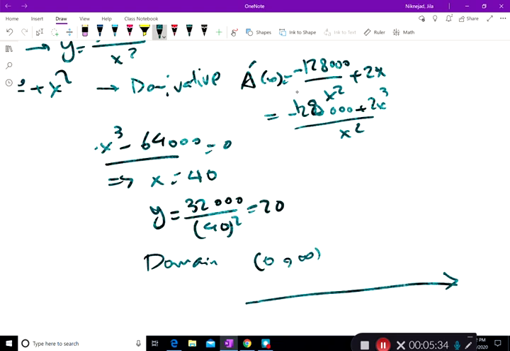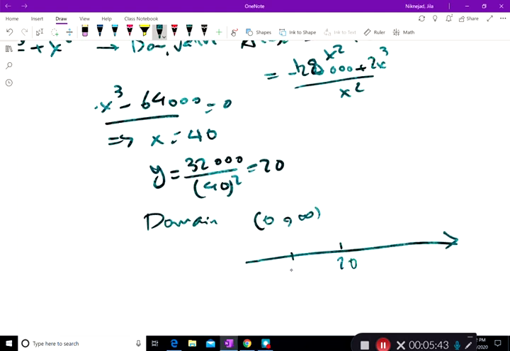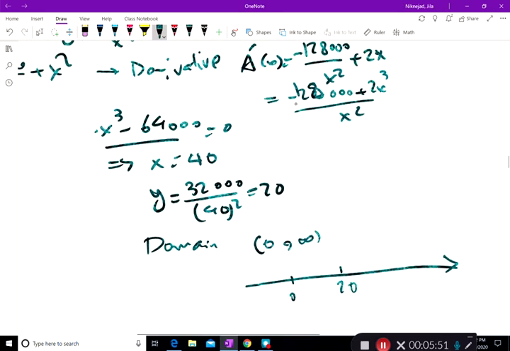Okay, so in here, if I put in the critical number, and then where is the derivative? The derivative is right here.